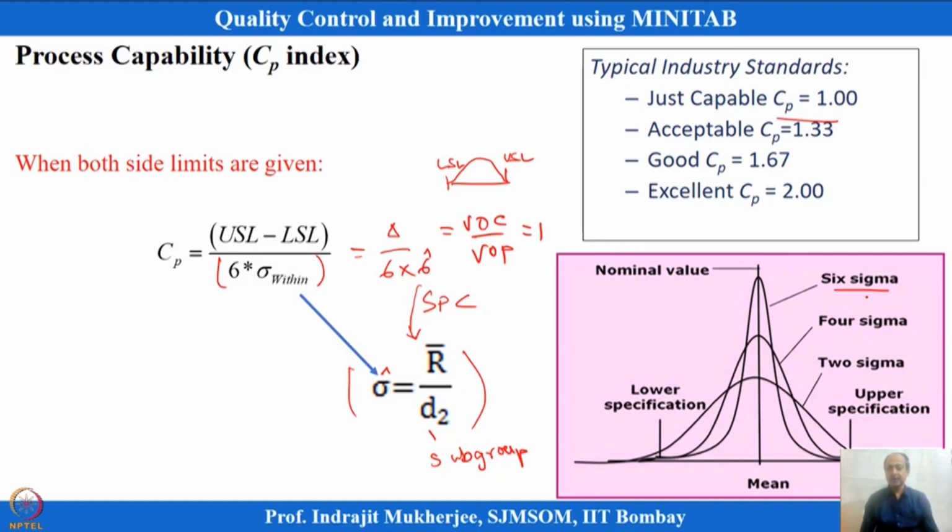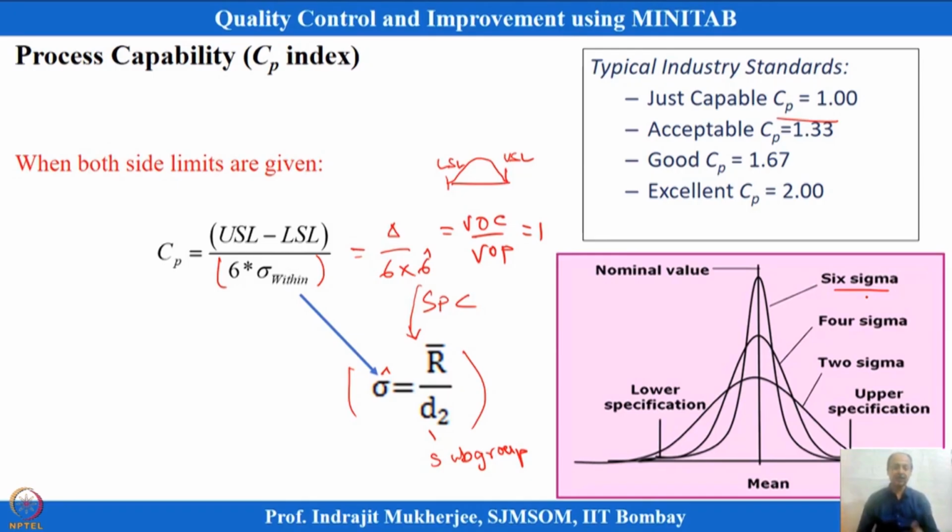And then we have other indices, CP 1.33 about 4 sigma, CP 1.67 about 5 sigma. So, we can link CP values with the sigma level of a process.